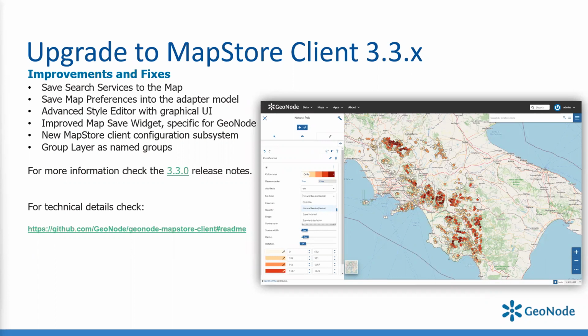Also, the option to save the map and the maps are now fully supported. So you can basically store into the GeoNode catalog the preferences for each map differently. It provides an advanced style editor with a graphical user interface.